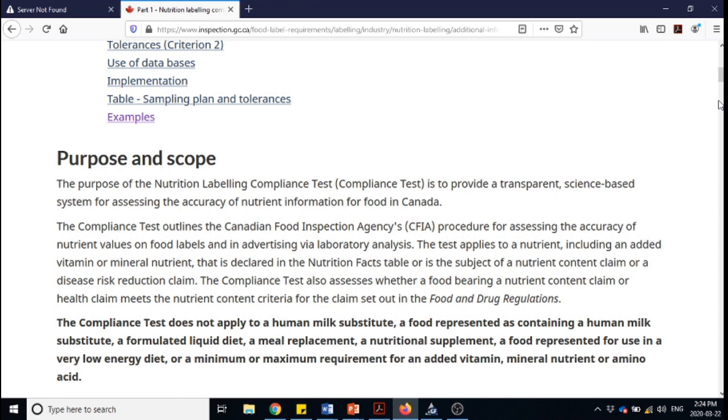Too many times I've seen food companies where they'll take their labels and cut and paste from another company, and you end up with these errors perpetuating rather than going back to regenerate a new label from the database itself.